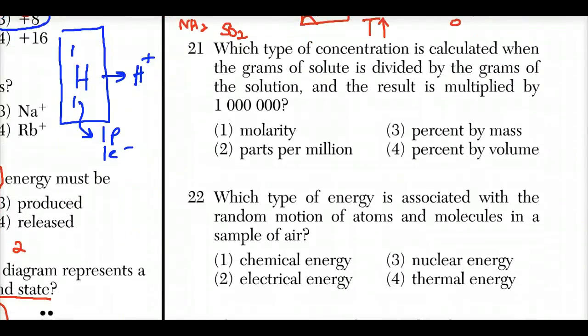21. Which type of concentration is calculated when grams of solute is divided by the grams of solution, and the result is multiplied by 1,000,000? Okay, well, if you're not sure, we have a reference table called Table T that shows us our formulas for different solutions. Let's go to that now.